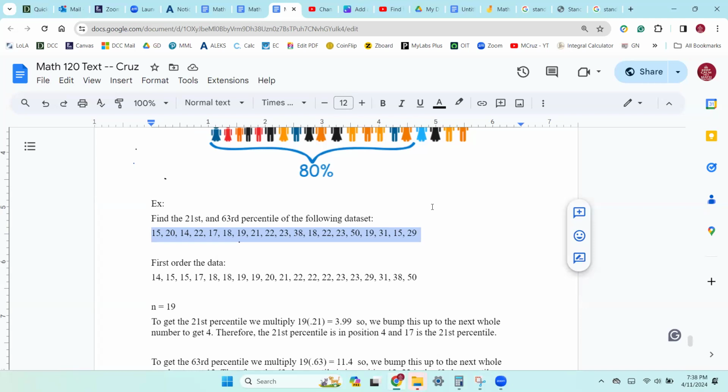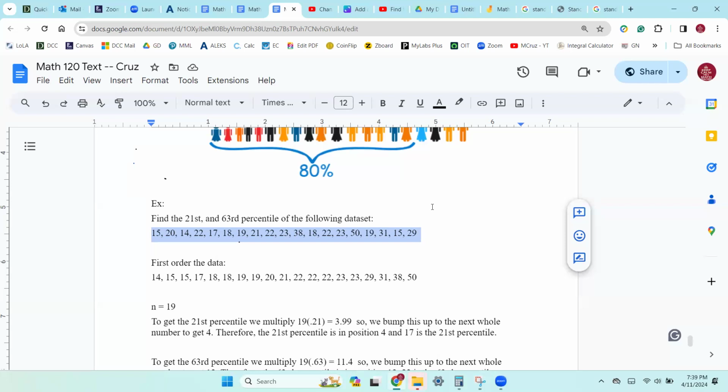Instead of dividing into 100 pieces, we're dividing into 4 pieces, a quarter, like a quarter of a football game. It's 1/4 of the way through. 2 quarters gives us a 1/2. That's the median, the halfway point. And there's 2 more quarters after that. That's what a quartile is. It just breaks the whole data set into 4 pieces.